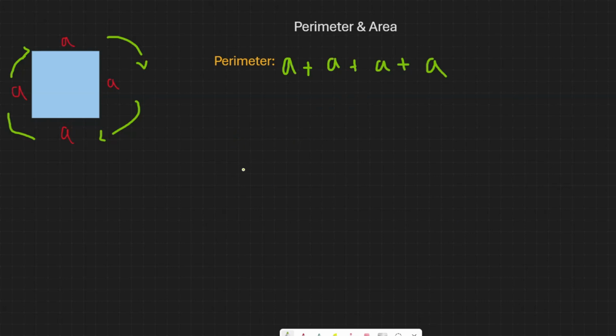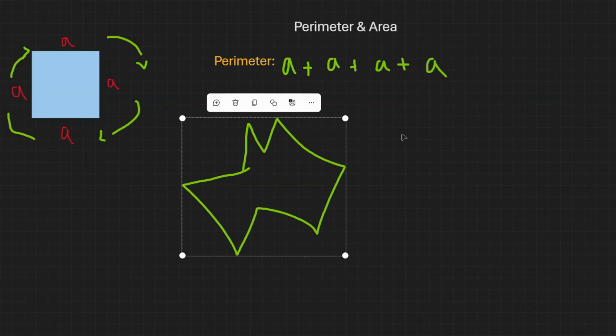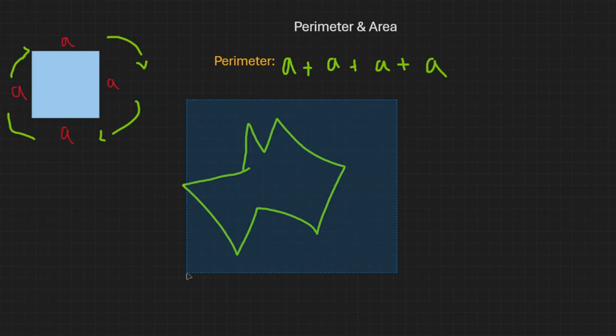Even if you have maybe a weird shape like this, again, the perimeter is the addition of these sides. So if you add the length of all of these sides, you could easily find the perimeter. So that's the definition of perimeter, and we already have calculated the perimeter of square.